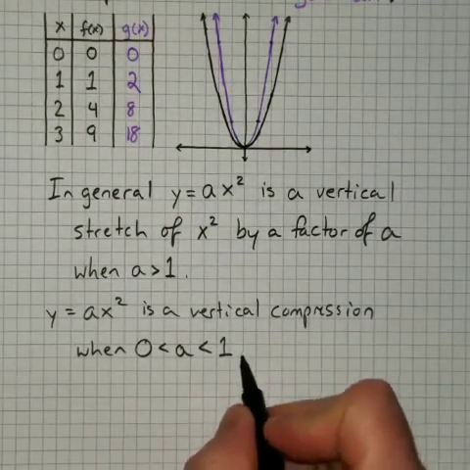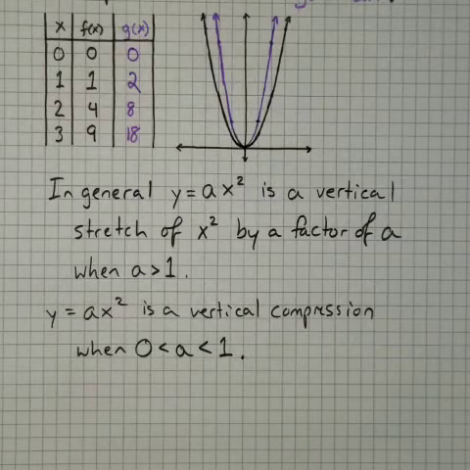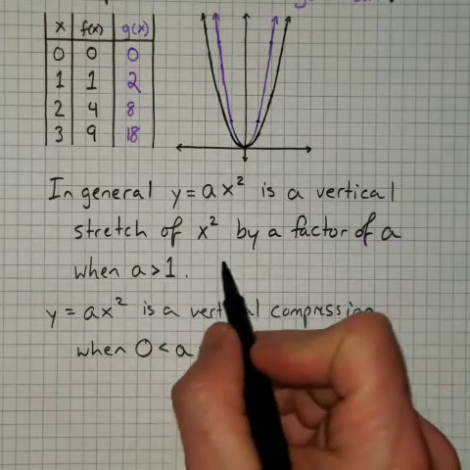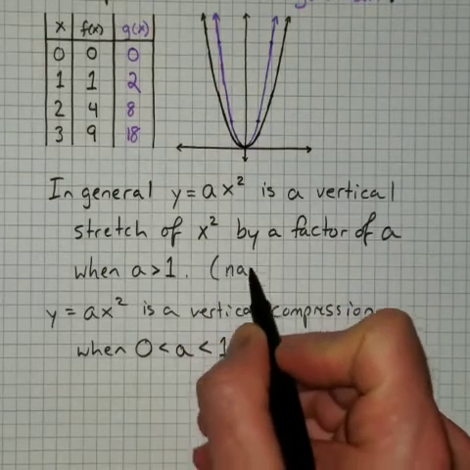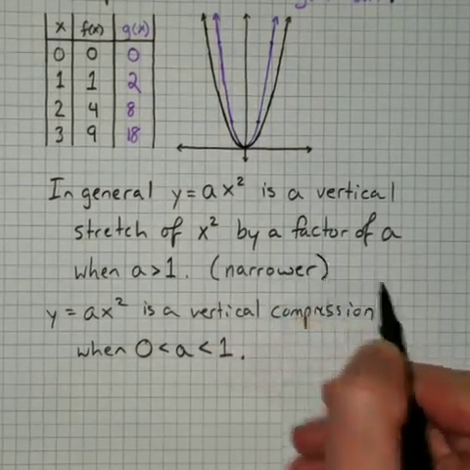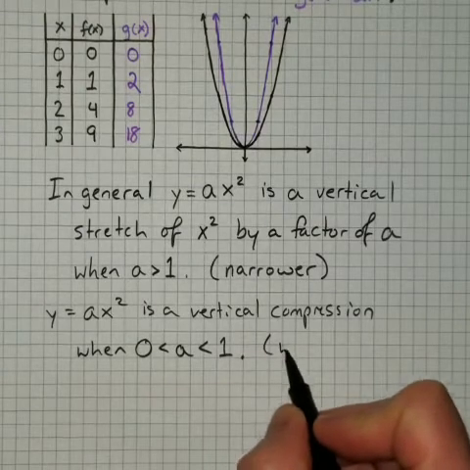Okay, so when a is between 0 and 1, you get a compression. It's flattening it back out, you're getting wider. So in the first case, the graph gets narrower. In the second case, the graph gets wider.